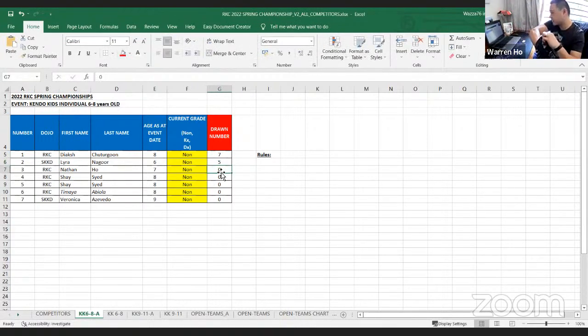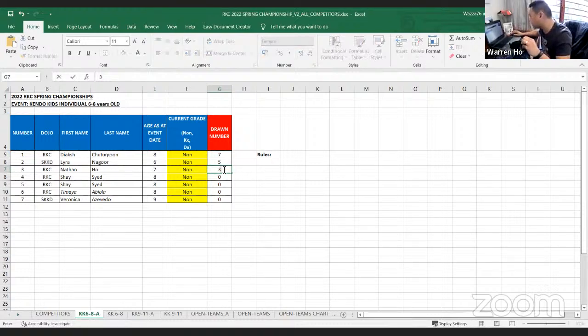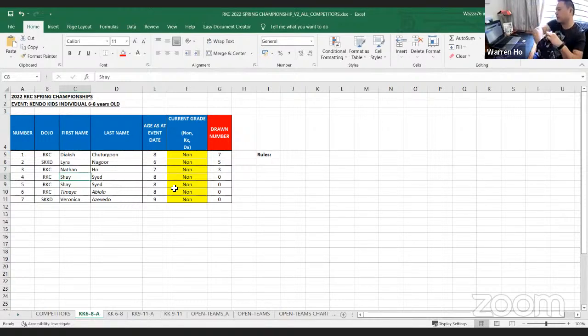He's also going to be in pool B, which is number 3. So Nathan is number 3. Shay is also from the RKC dojo. He's going to be number 1. Wow, the other odd number.